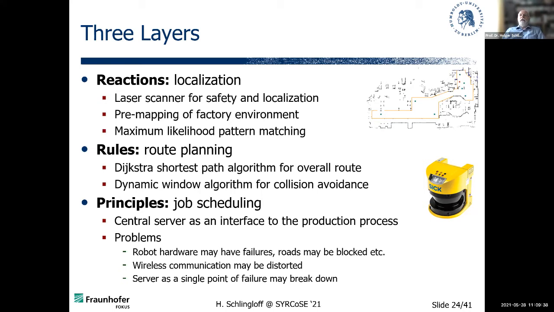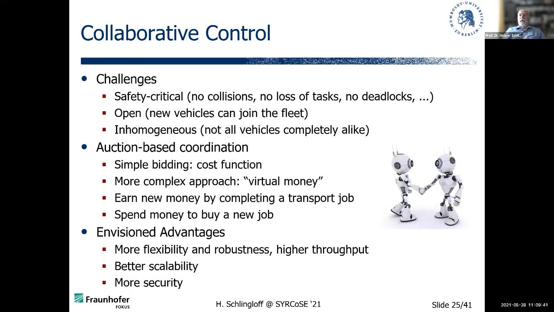So what we did, we designed the collaborative control of this. We wanted to have the robot own responsibility for the behavior, also in exceptional circumstances. So we designed an auction-based mechanism where the robots bid for jobs.